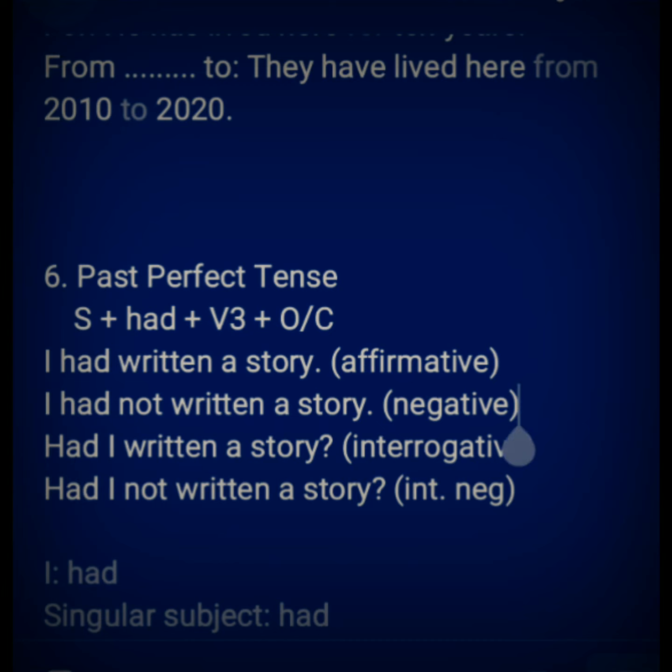Then negative, I had not written a story. Interrogative, had I written a story? Question mark. Then interrogative negative, had I not written a story? There should be a question mark in interrogative sentences.